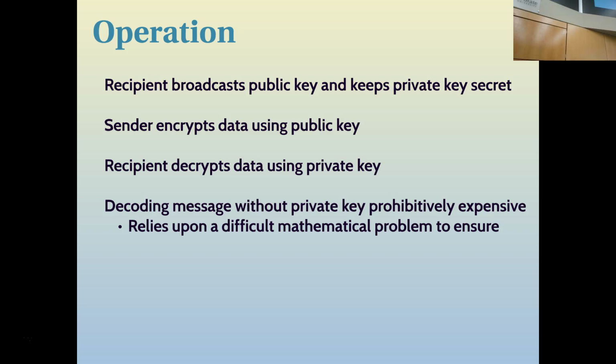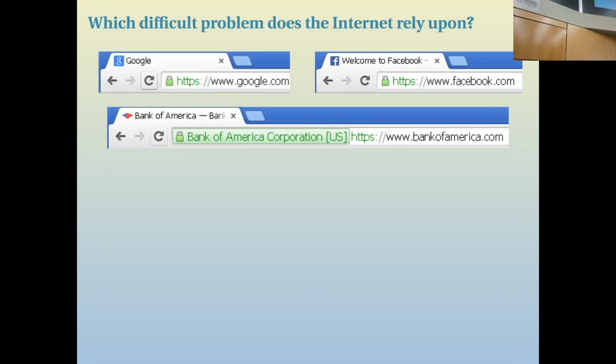And so the eavesdropper has to do a lot of math in order to decrypt that message without the private key. So here's a question. So this is securing everything. There's a specific hard problem in math that is securing all of our transactions right now. And which one is it? It is factoring a product of prime numbers. So that is the hard problem.